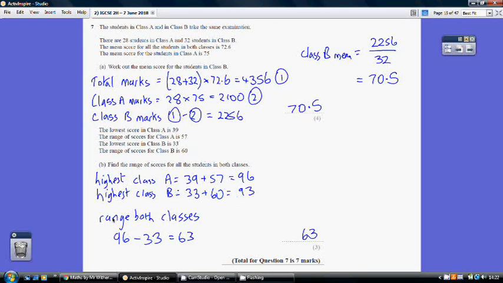Now to work out the range across both classes, we need the highest mark in either Class A or Class B, which is the 96 from a Class A pupil, take away the lowest mark from either class, which is the 33 achieved by a Class B pupil. 96 take away 33 gives us 63.